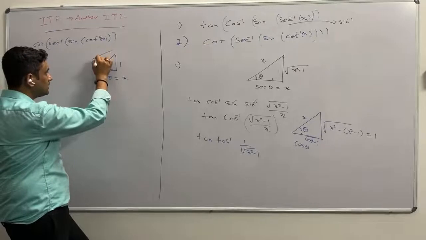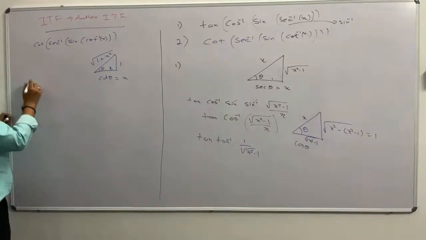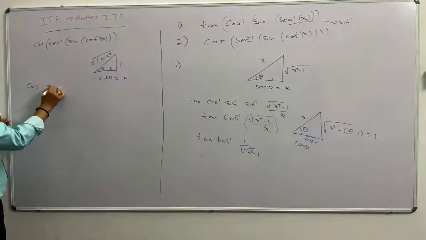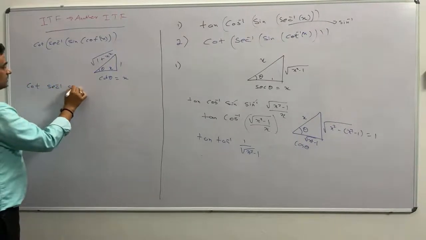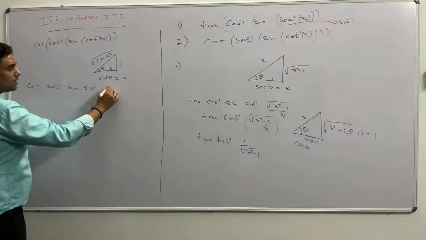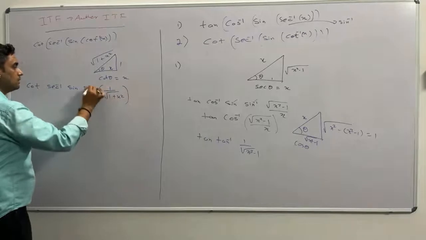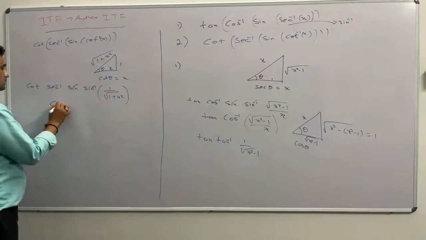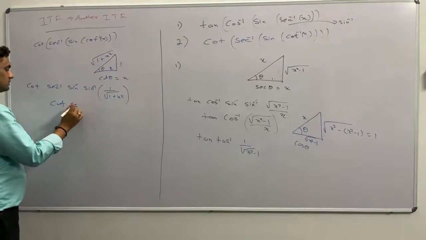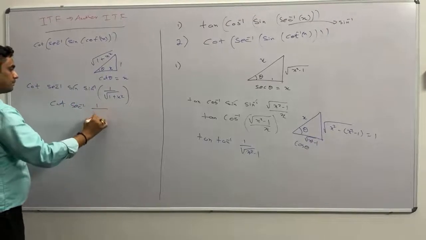Third side will be root over 1 plus x square. So we can write it as cot of secant inverse of sine inverse. Sine theta will come out to be opposite by hypotenuse. Now these two will go away. So we'll get cot of secant inverse, 1 by this.